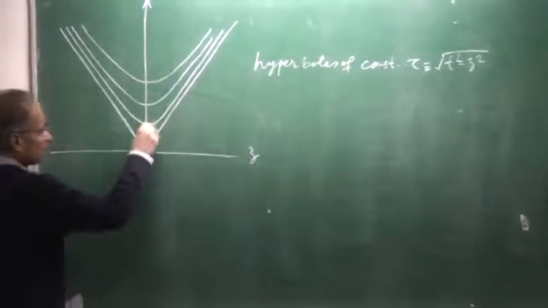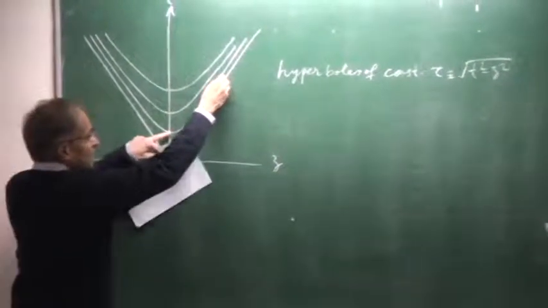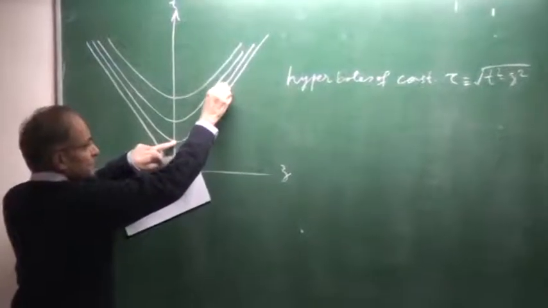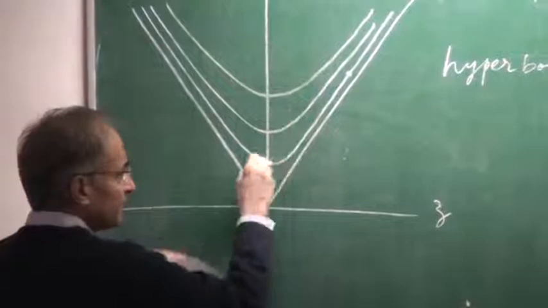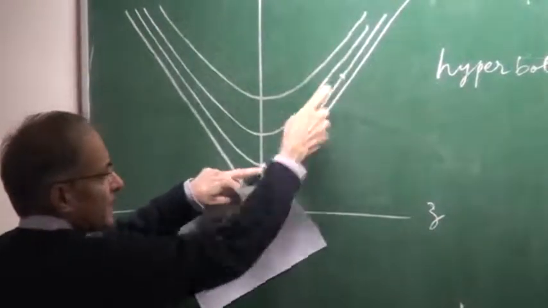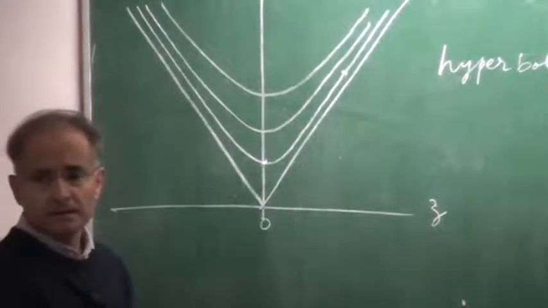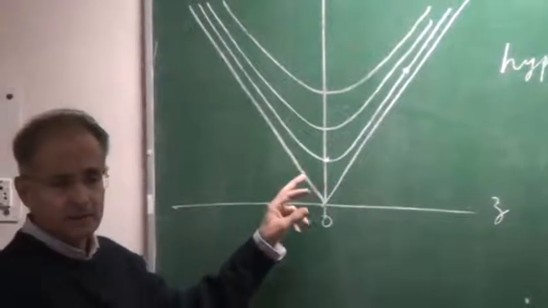So, for example, here and here, the part of the matter that is formed here and here, they are at very different t and z, but since tau is the same, they are at the same stage of evolution.